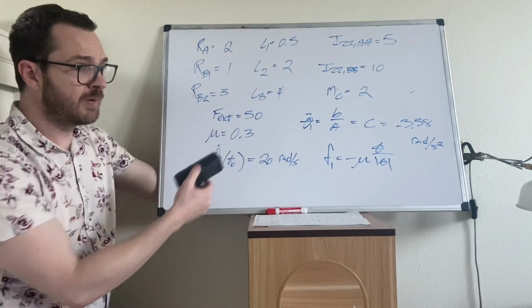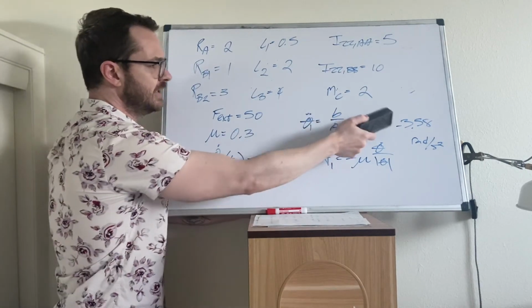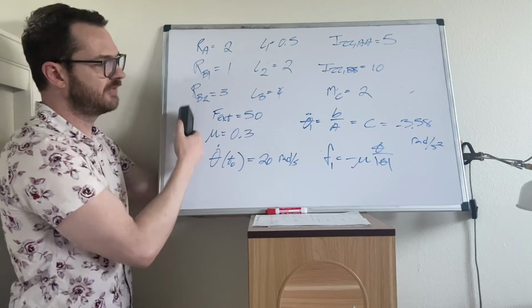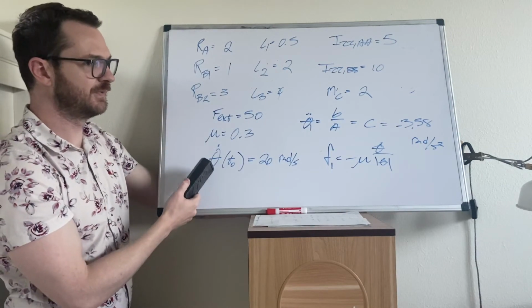And for what we're about to do, that's useful. So we could calculate a number for C. We change these, we get a different C, but it does not change with theta dot.